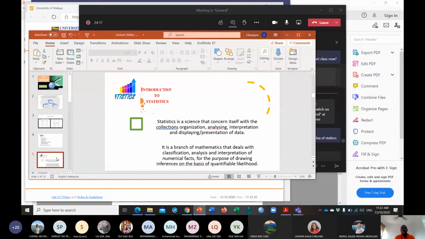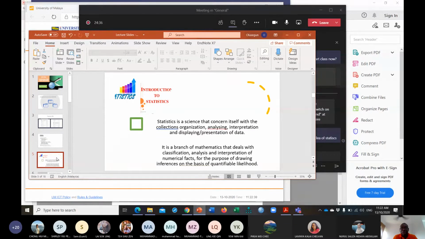So statistics goes beyond just collecting data or information. It goes on to how you organize it, how it is analyzed, interpretation, and decisions that are made out of the data you have gathered.